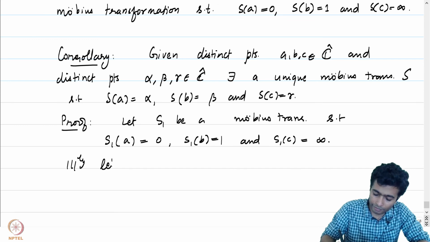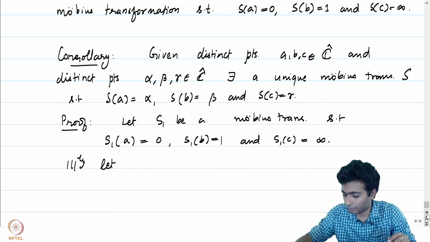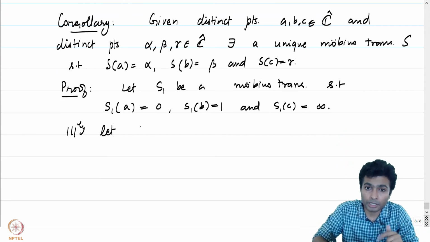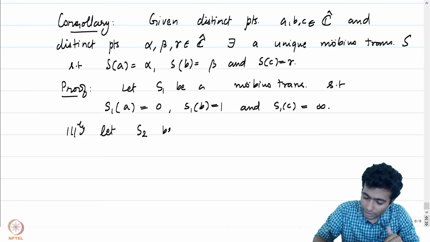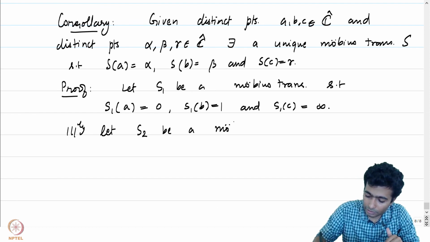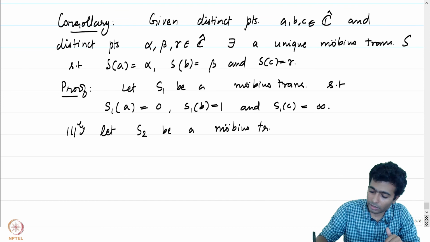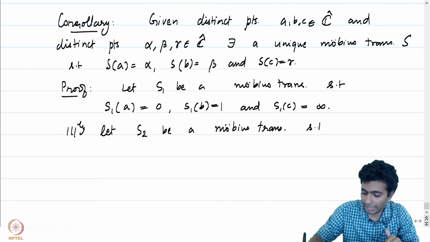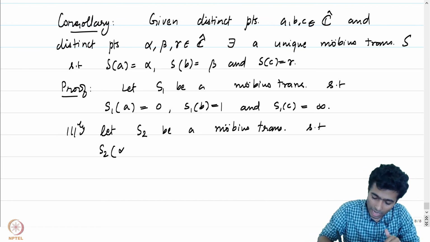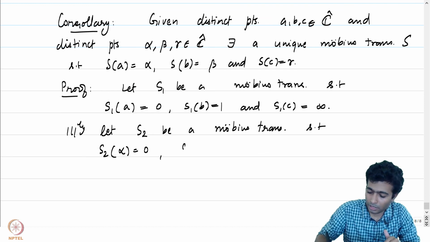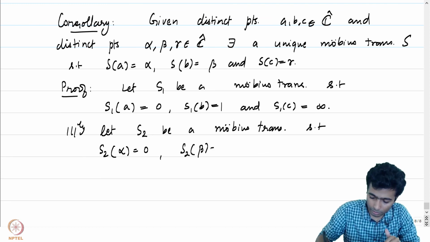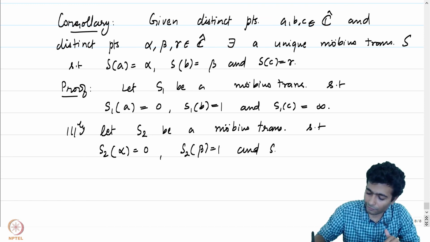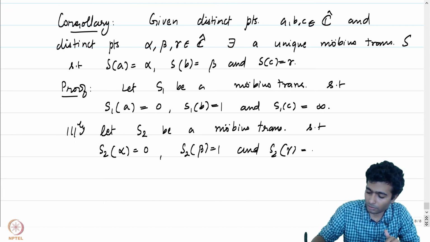We know the existence of one such S1 from the previous proposition. Similarly, let S2 be a Mobius transformation such that S2 of alpha is equal to 0, S2 of beta is equal to 1 and S2 of gamma is equal to infinity.